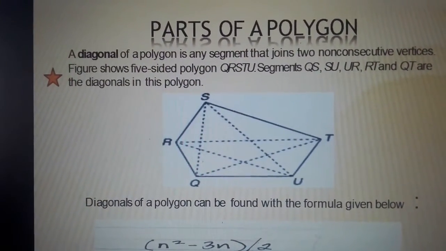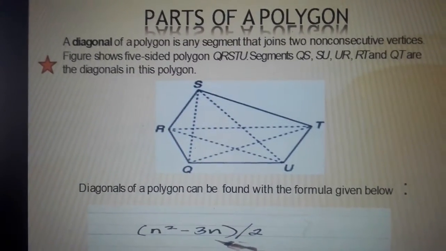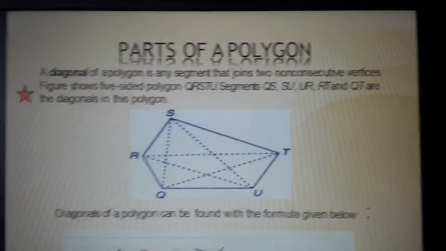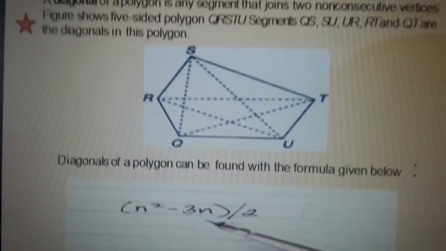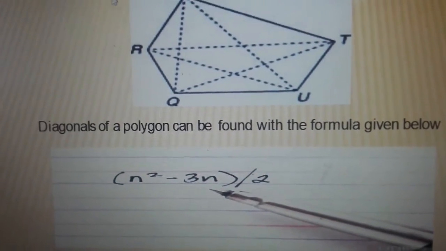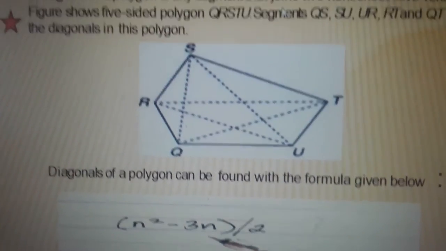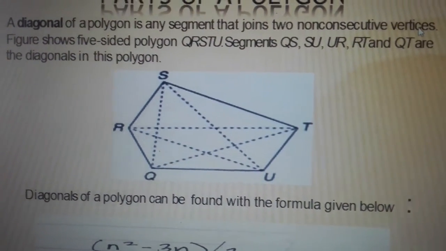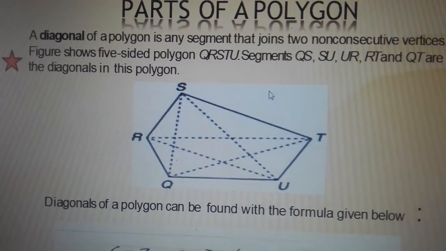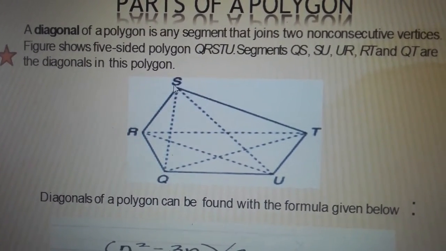Next is the diagonal. What do you mean by diagonal? Look here, the definition is given: a diagonal of a polygon is any segment that joins two non-consecutive vertices. Already I told you consecutive means it is coming continuously.